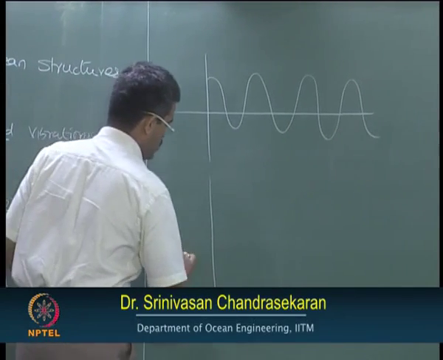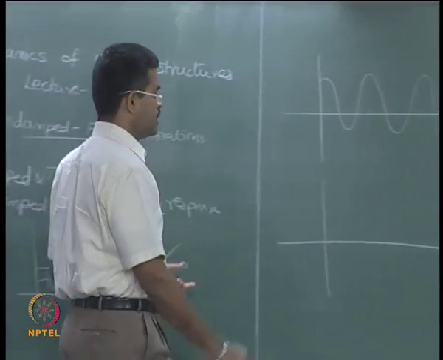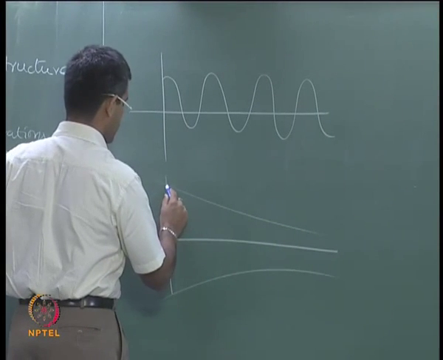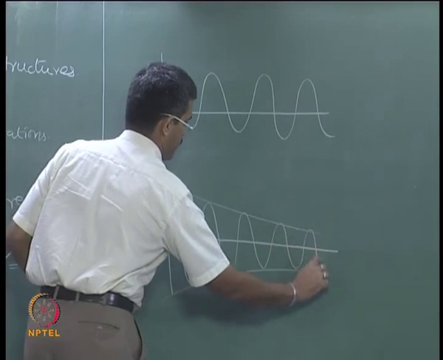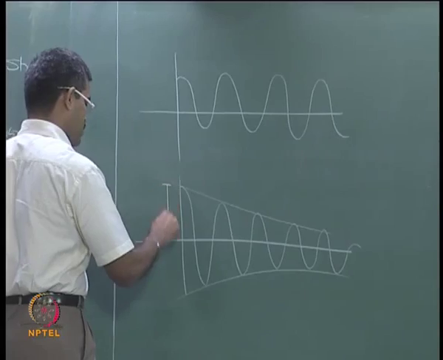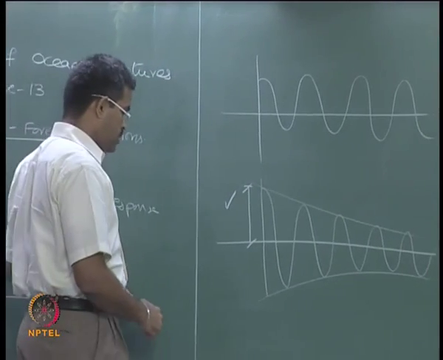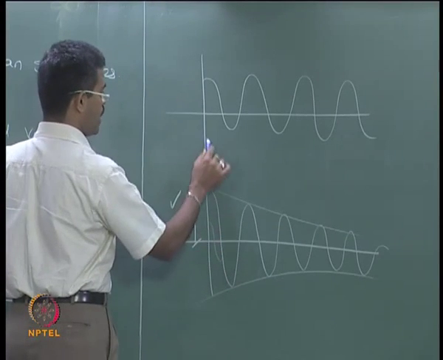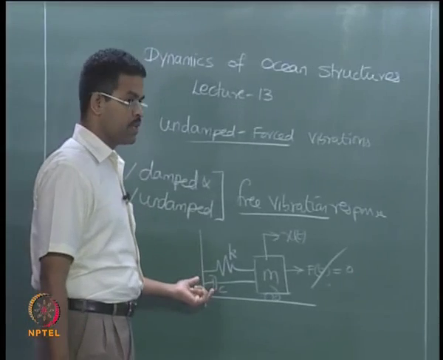The moment you introduce the damping component in the model, we have already seen that there is an exponential decay of the response, irrespective of whatever initial displacement you give to the model, how high it is. For example, you give an initial displacement very low, still it will decay. If you give very high, still it will decay. So the decay is ensured if you have damping in this.